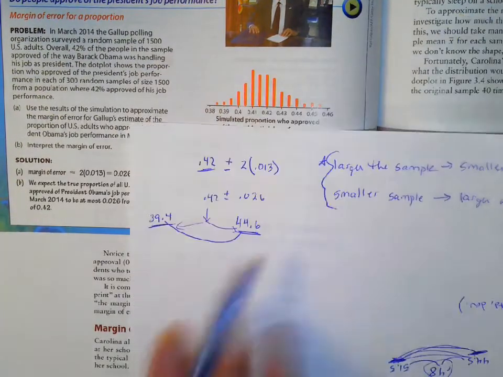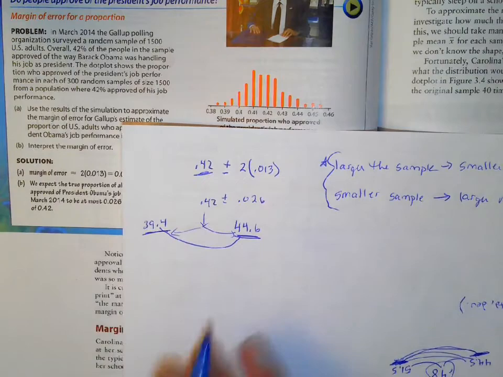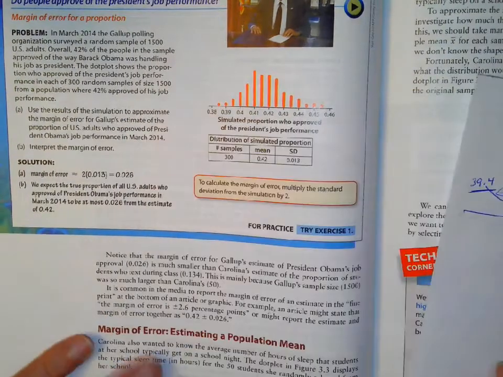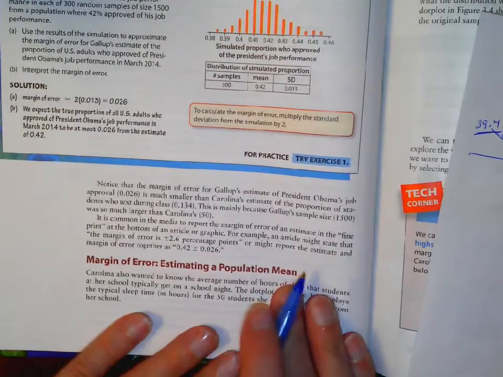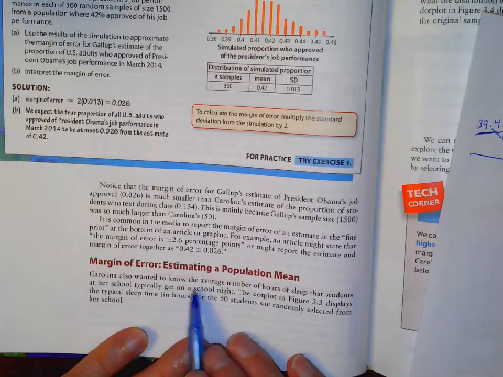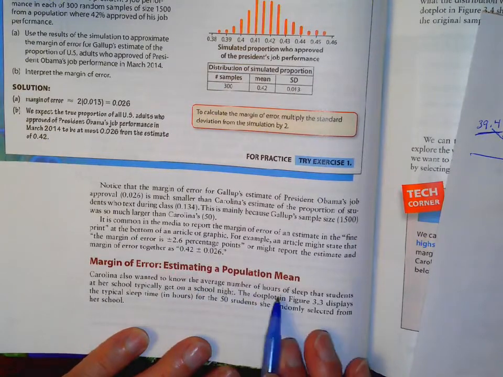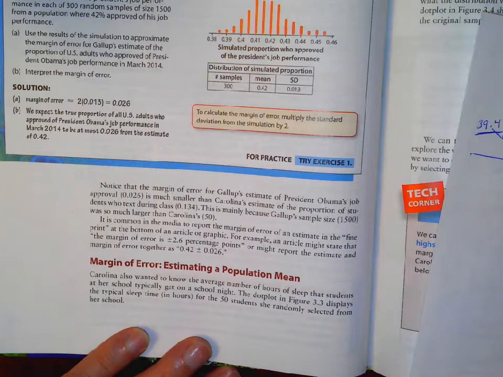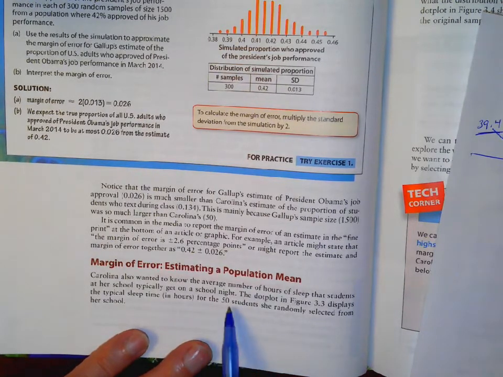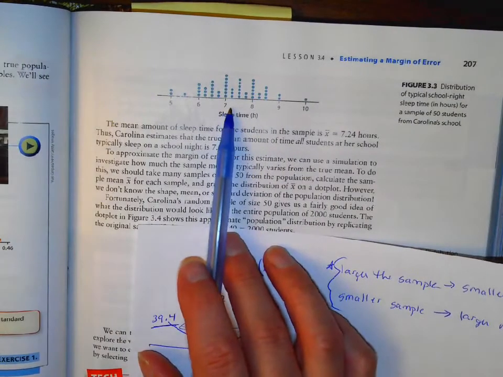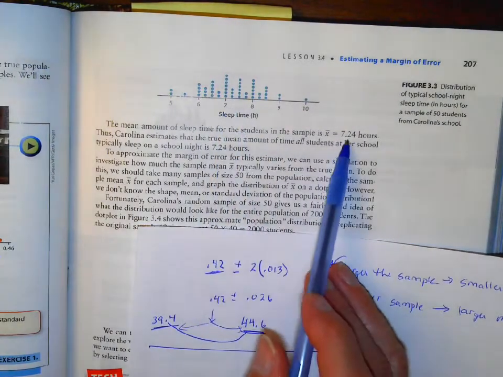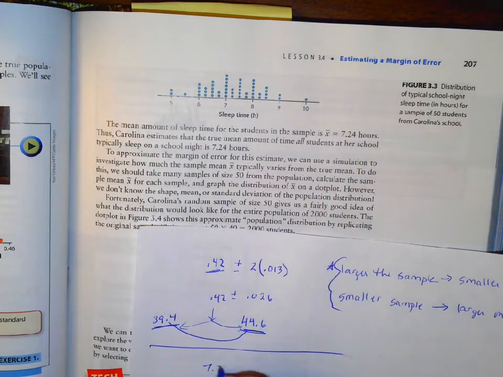Now that was with proportion, right? We're talking about percentages. Now we can also switch to finding the mean. Let's say we want to know the average number, the mean number of hours that students in our school typically sleep. So once again she took 50 students from her school, and it had a mean of 7.24.